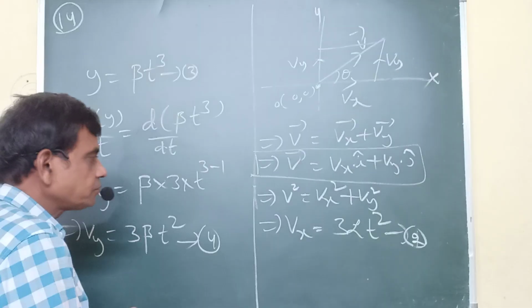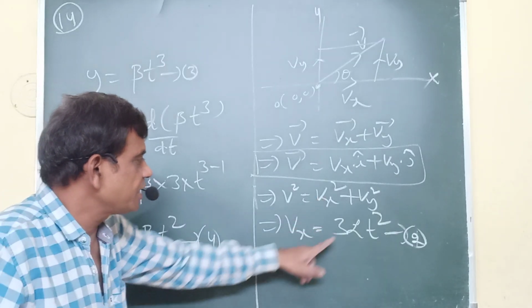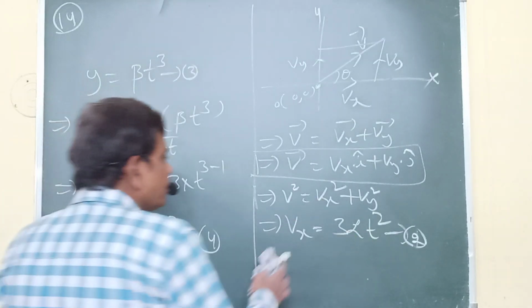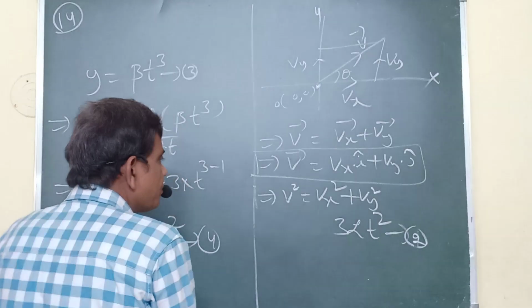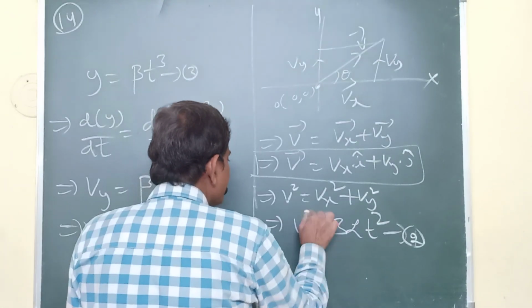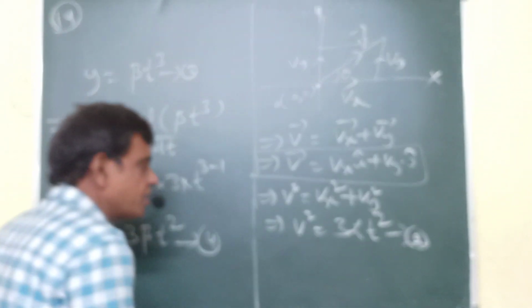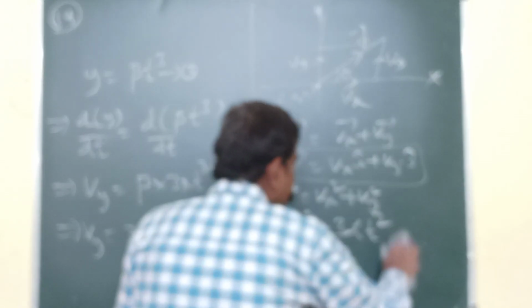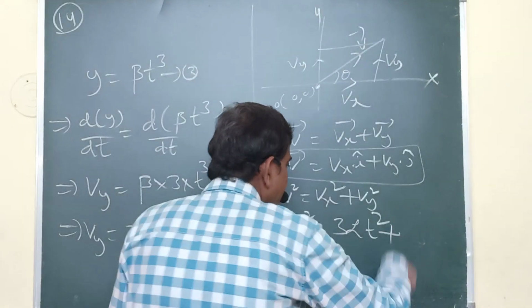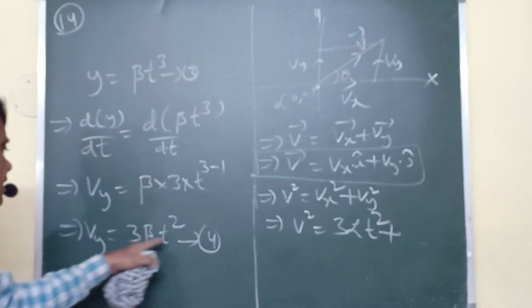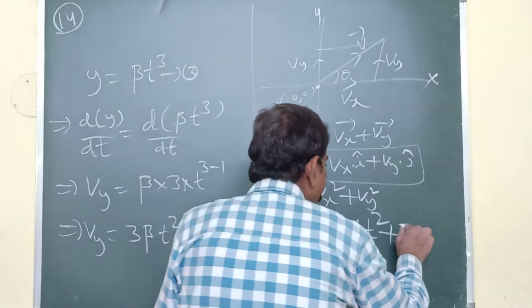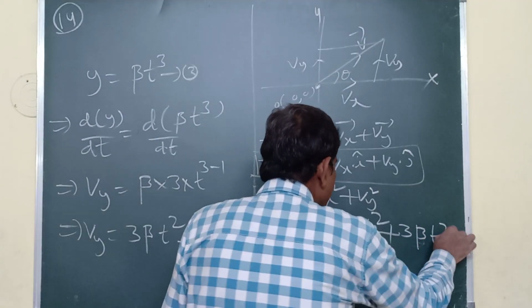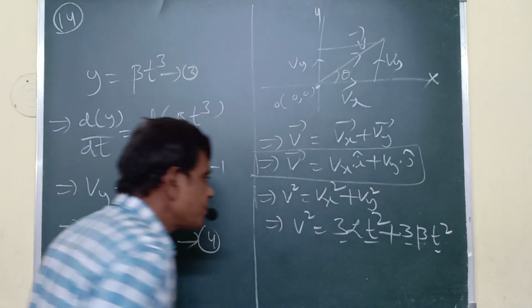What is Vx? 3 alpha t square. Substitute here. V square equals 3 alpha t square plus Vy, which is 3 beta t square. Totally I am taking 3 t square common.